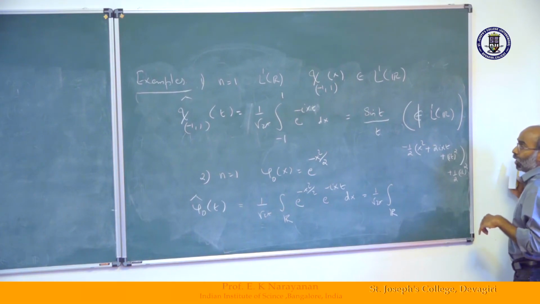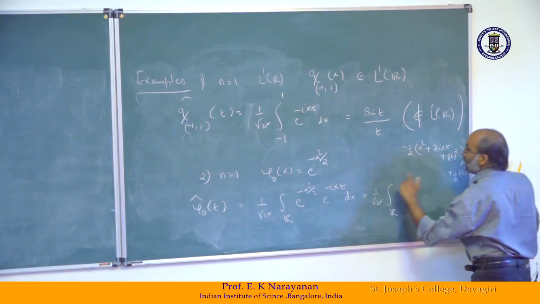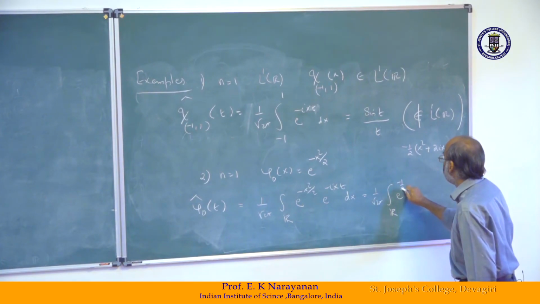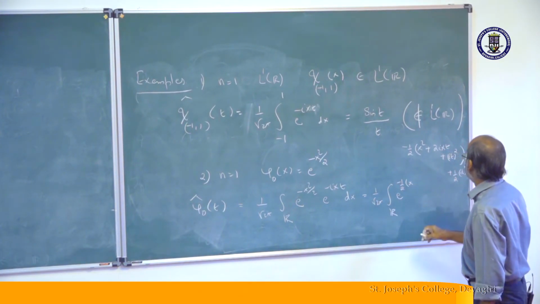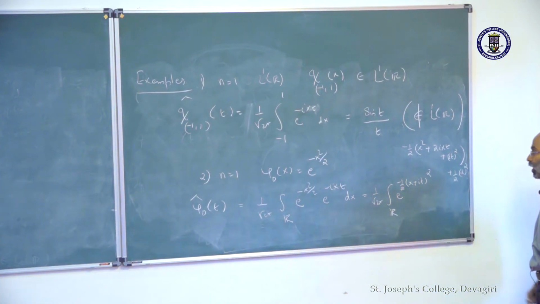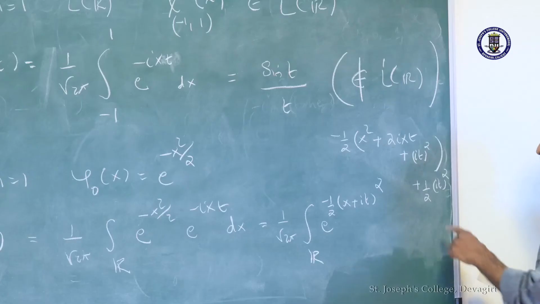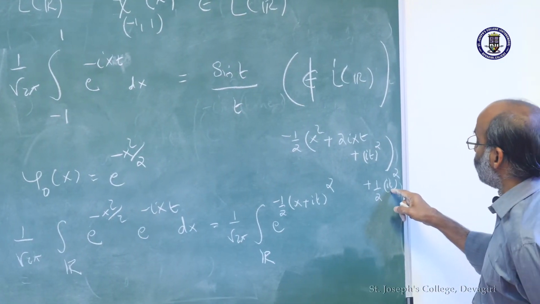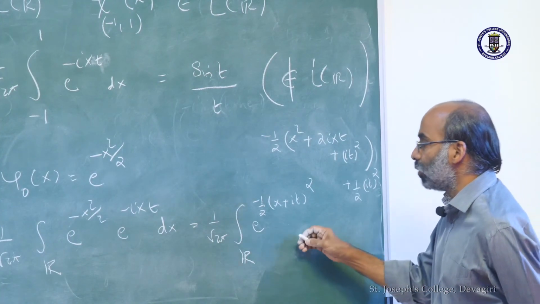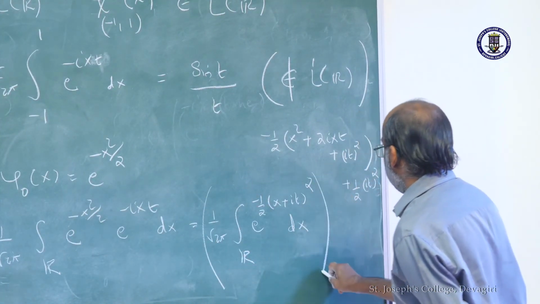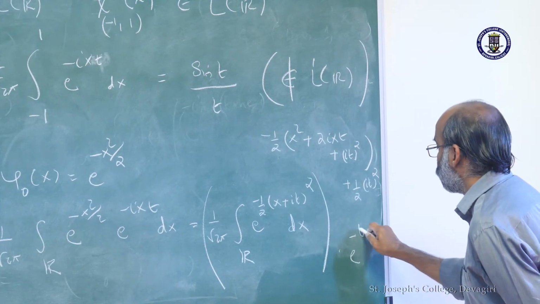Okay. And then I have exponential. So, this will give me e to the minus half x plus it whole square, correct. That is the first term. Then I have this term. What is this term? This is minus t square and there is a half. So, and that comes out, right. So, dx times e to the minus t square by 2.